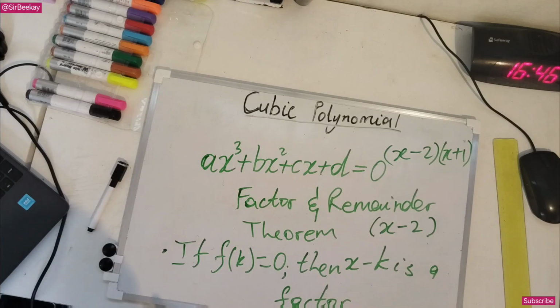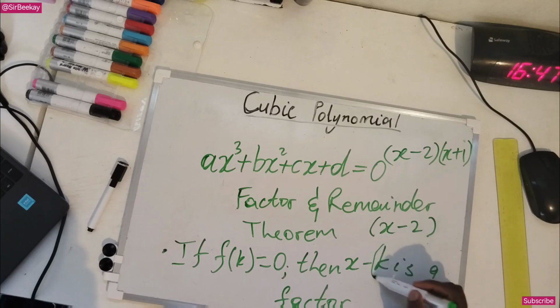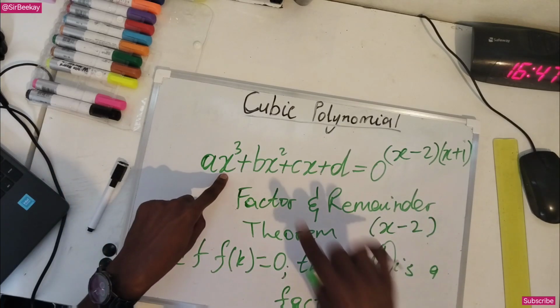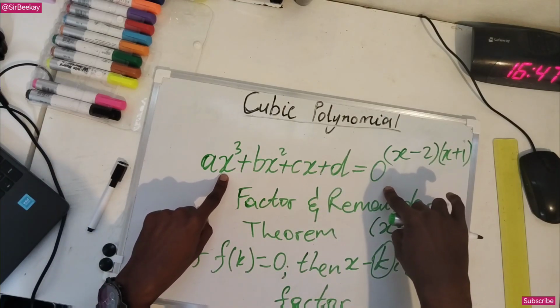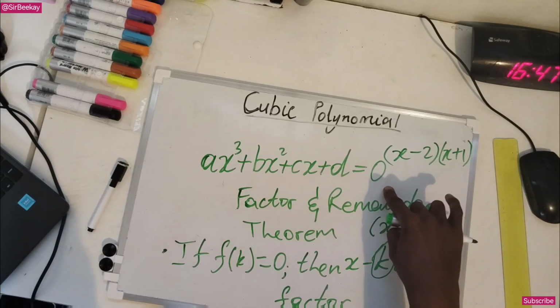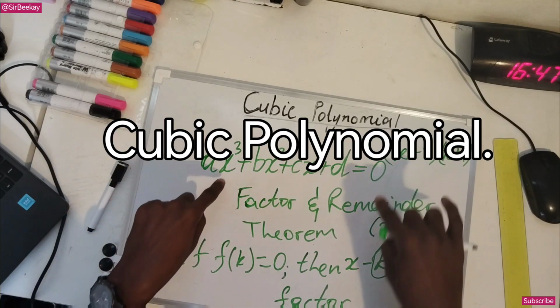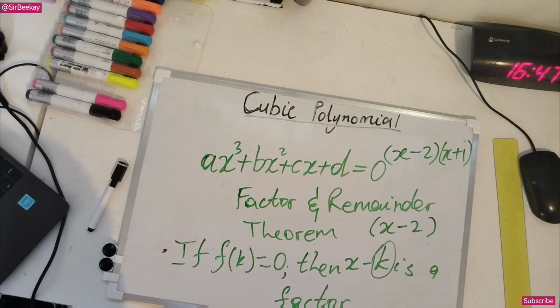If we factorize it, this is still the same thing. So this says that if f of k is equal to 0, if this value is inserted here and it gives us an answer of 0 for a particular polynomial, then that value that we inserted is our factor.